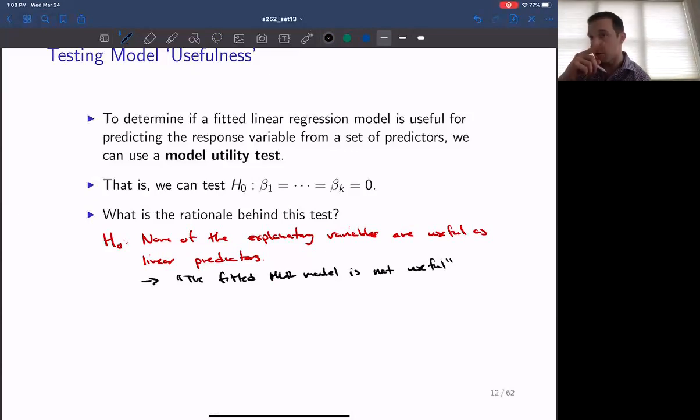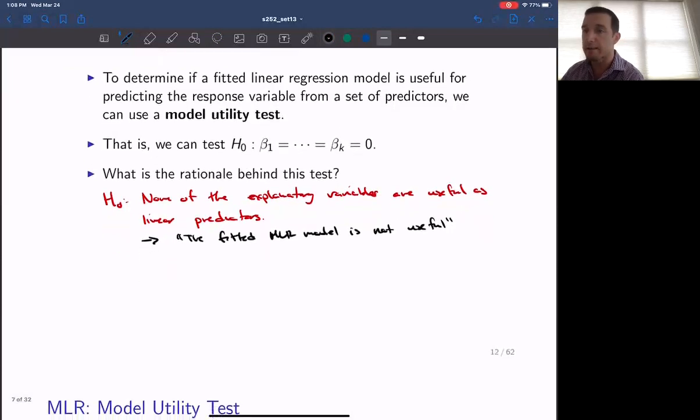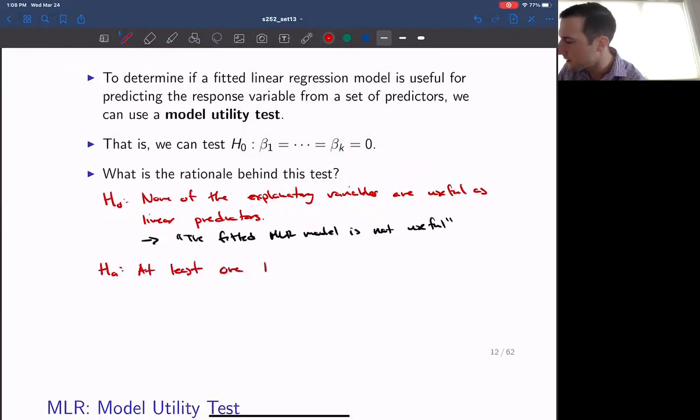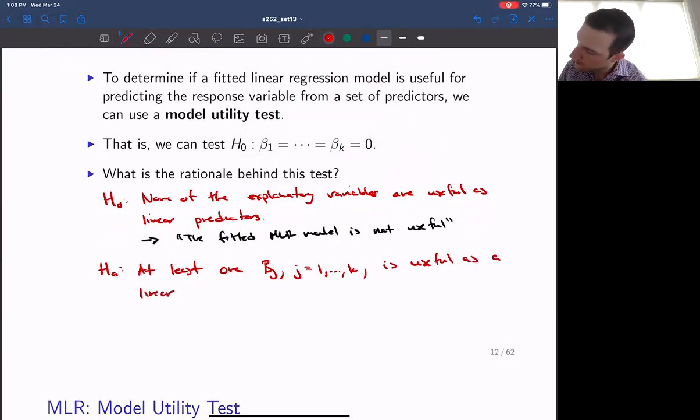And then the alternative would just be that at least one of the explanatory variables is useful as a linear predictor. So the alternative here would be that at least one beta j for j equals 1 to k is useful as a linear predictor.